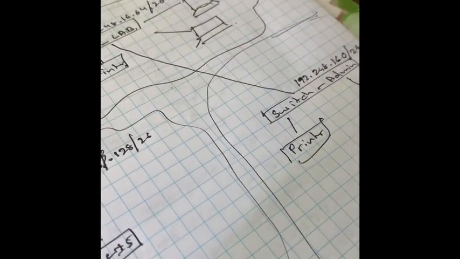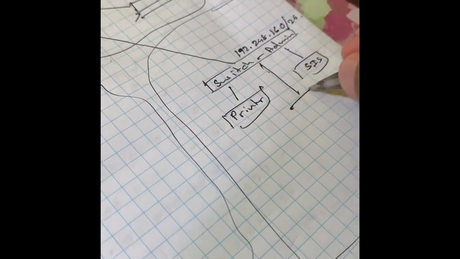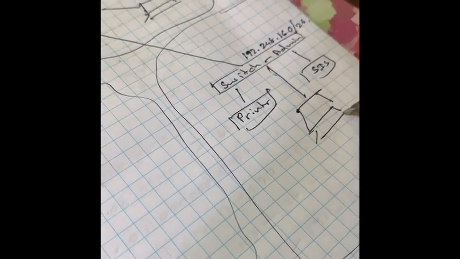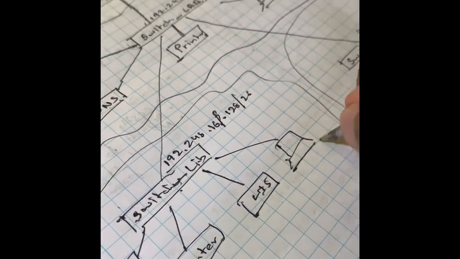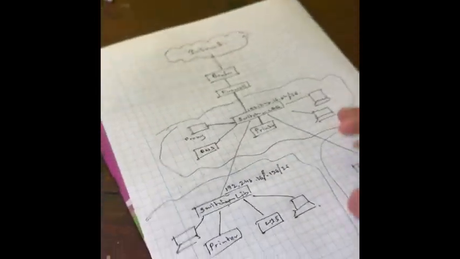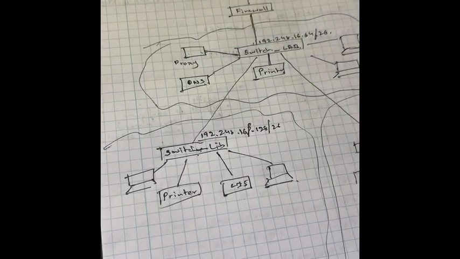And for the administrative building, student information system. You can show a computer if you want, but it's not needed. Okay, so this is the network diagram.